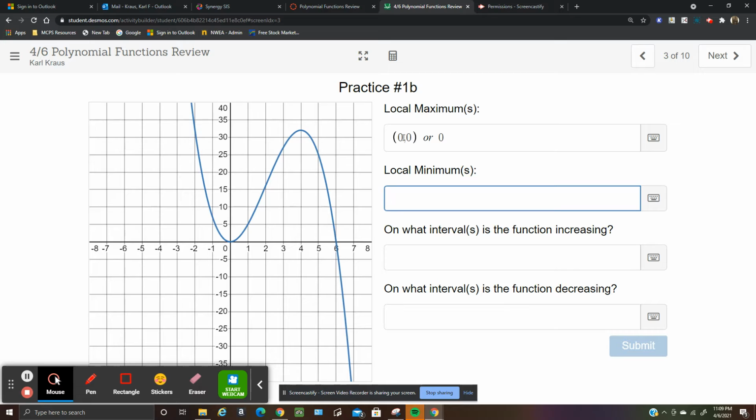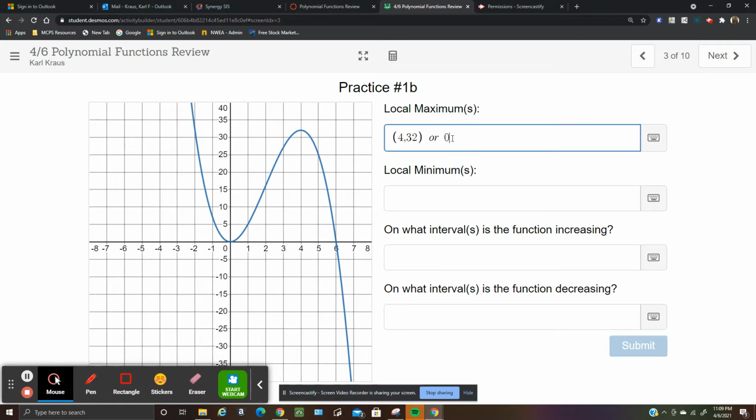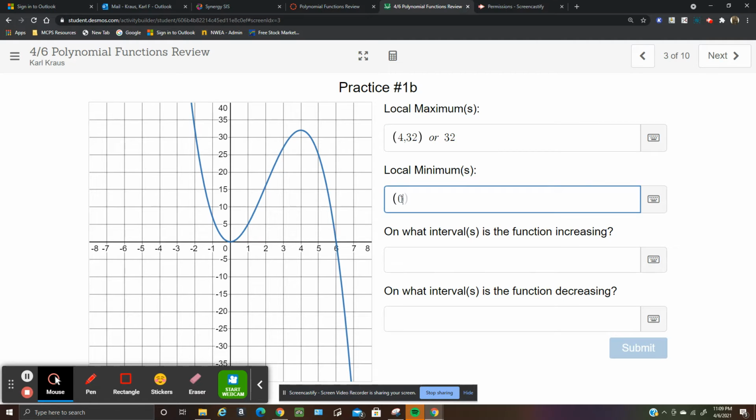So the maximum is at 432. And I could just write 432 for that, the y value. And then the minimum, 0, 0, or the y value, 0.